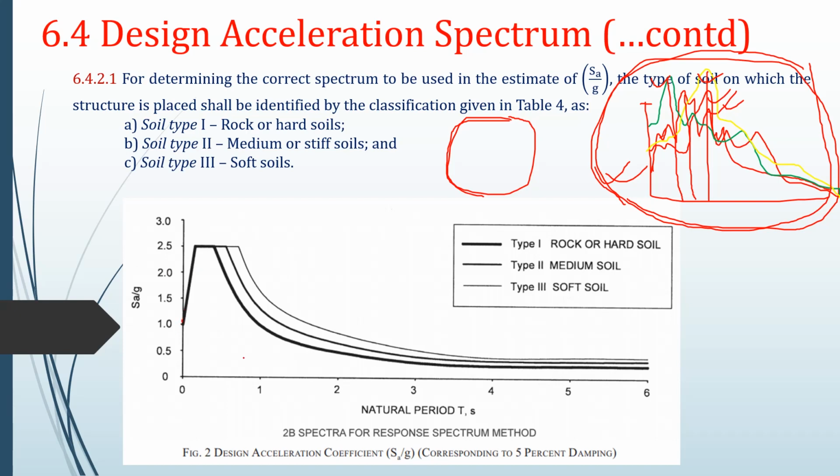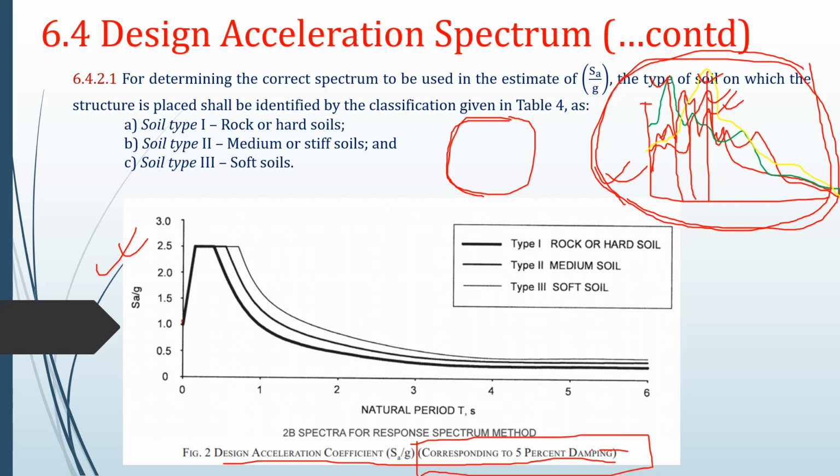You can see in this figure 2, design acceleration coefficient Sa/g corresponding to 5% damping. This design acceleration spectrum is a set of smooth curves, or a series of straight lines, and these design spectrum curves are drawn for a particular level of damping. Here this curve is for 5% damping.